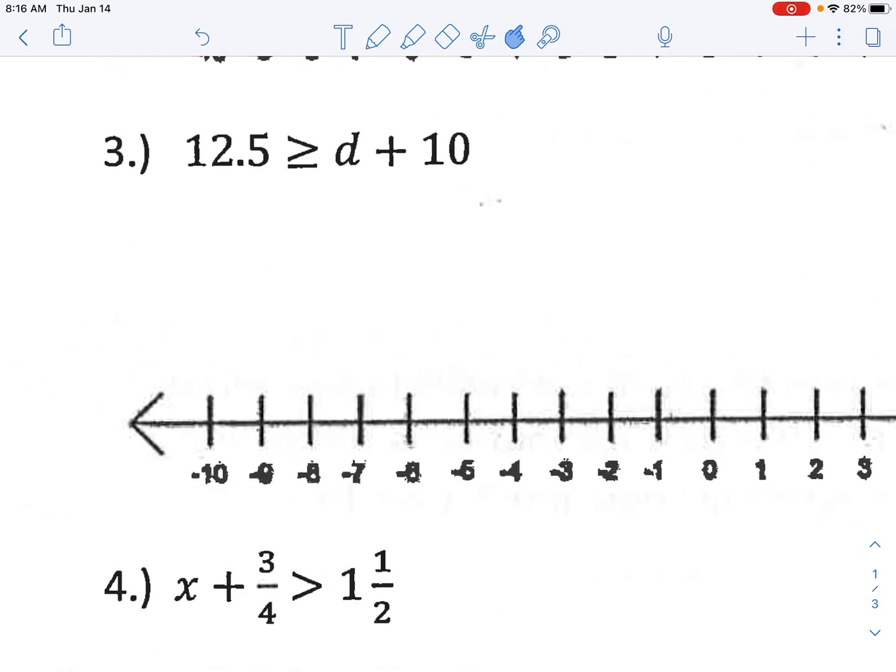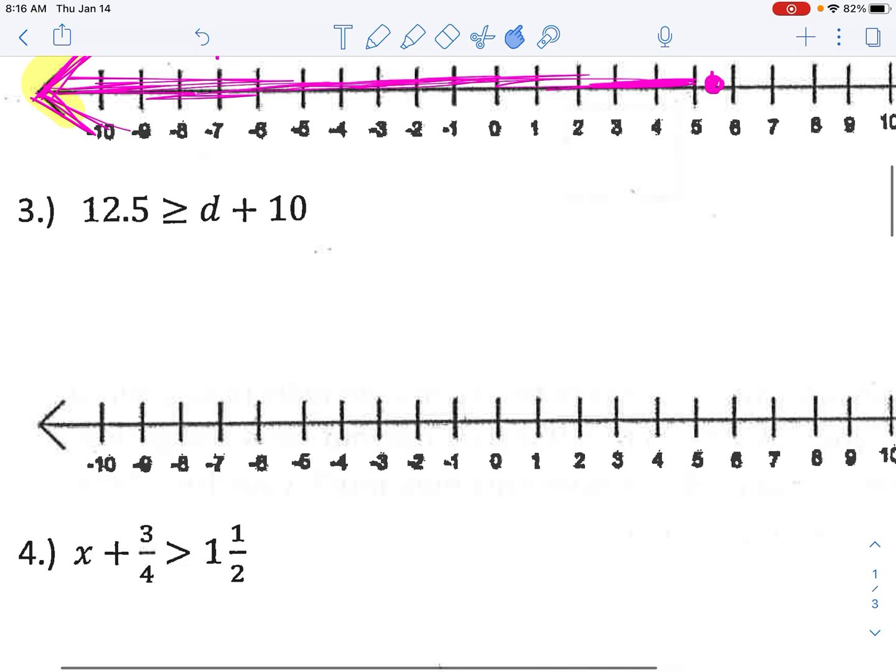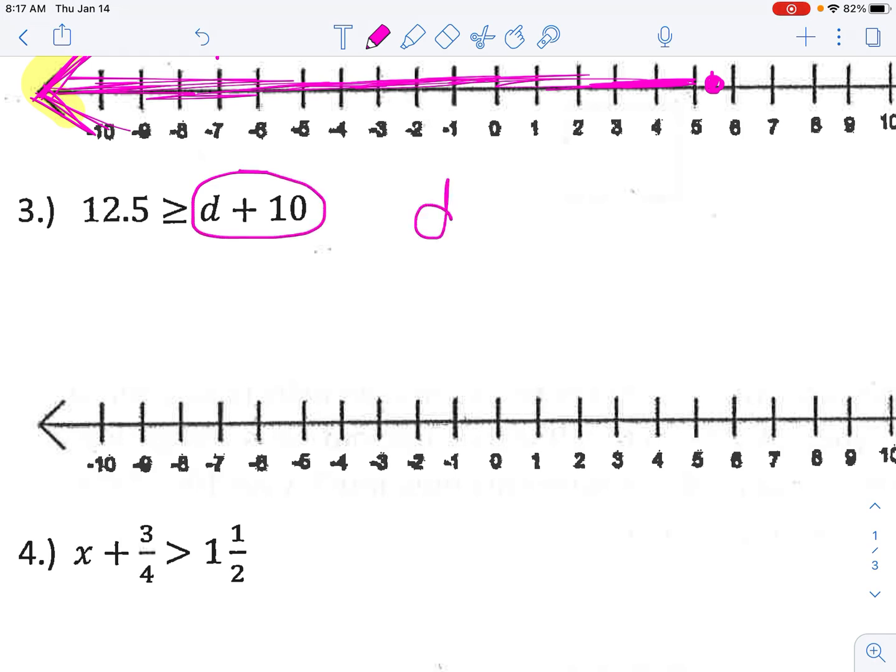Number 3, 12 5/10 is greater than or equal to d plus 10. The very first thing I'm going to do with this one is rewrite that whole inequality, because you always have to have the variable on the left. So I'm going to take all of this and flip it to the left side of my sign, and then take my 12 5/10 and flip it to the right.